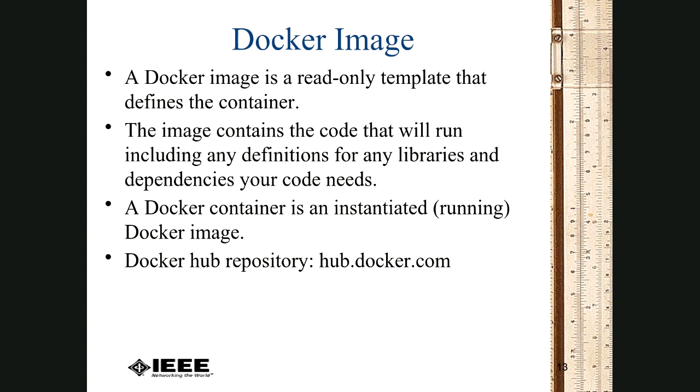That Python program can be converted into an image. So that is the meaning of image. And what is a Docker container? It is basically the instantiation of a Docker image, the implementation of the Docker image. The image cannot execute itself. It needs a container. So you can start a container, and you must specify what you want to run in the container.